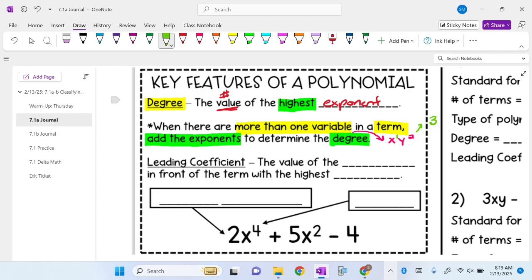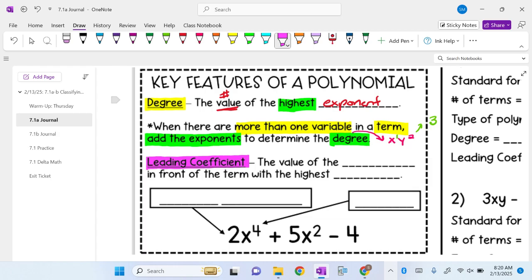Now, something else I may ask you is what is the leading coefficient? When you hear the word coefficient, what do I mean by that? What does the word coefficient mean in math? We talked about this last semester. It's the number connected to or in front of the variable.